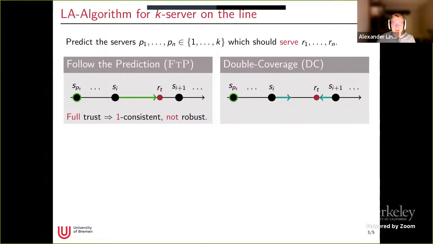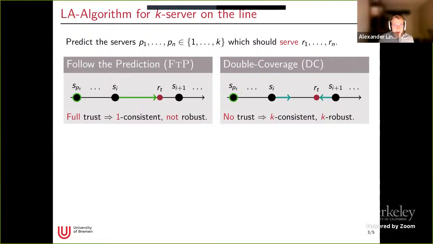But we've also seen another algorithm, namely double coverage. If we give double coverage a predicted server, it will just ignore it. So it doesn't trust the prediction at all, and it just does its usual stuff. And since it is k-competitive, we know that it is k-consistent and k-robust.